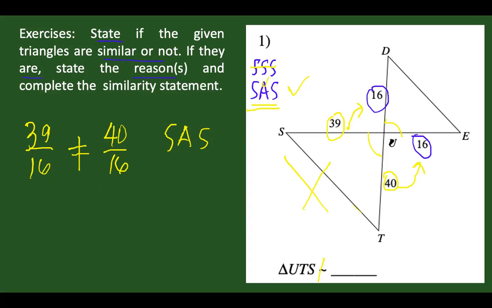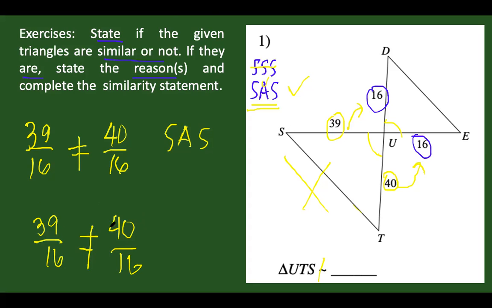So let's try to switch the pairing of the corresponding sides here. Instead of pairing 39 to 16, let's pair 39 to another side, which is 16, and 40 over 16. But still, since they're both 16, they will still not be equal, or not proportional.